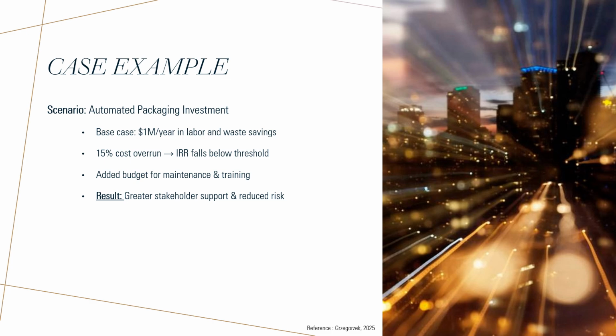But when we test a 15% increase in the maintenance cost, the NPV drops below our project threshold. Similarly, a 10% delay in the rollout pushes the IRR down by several percentage points.